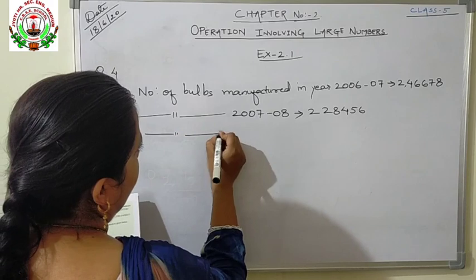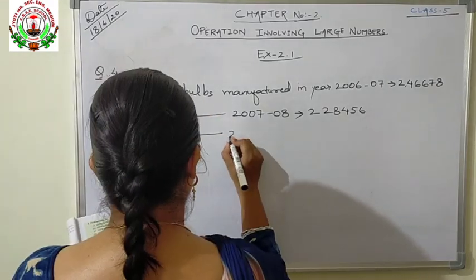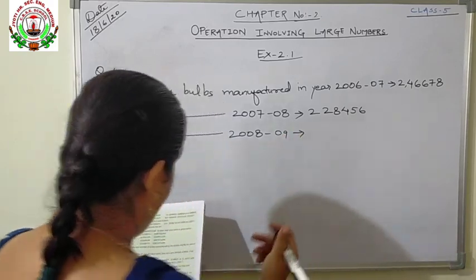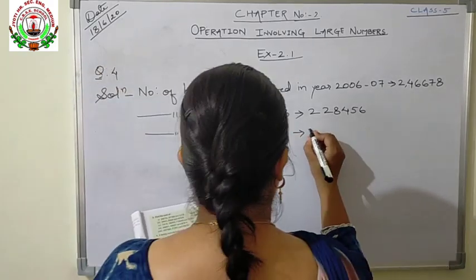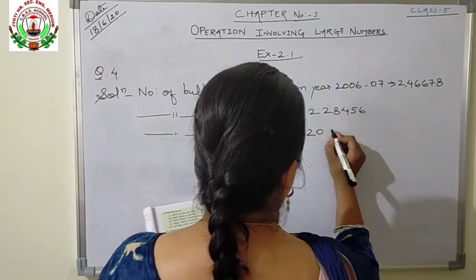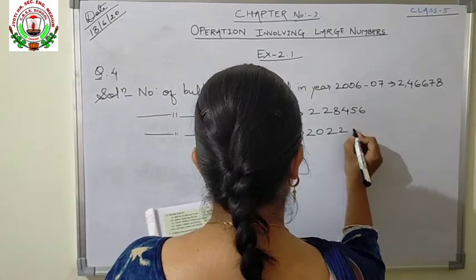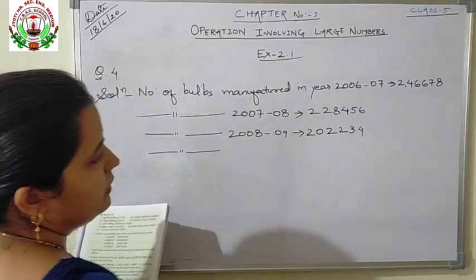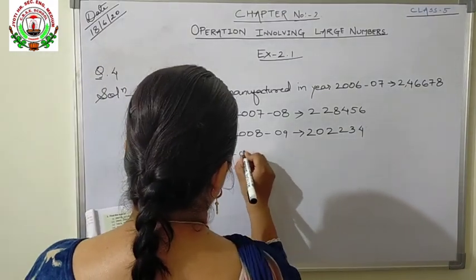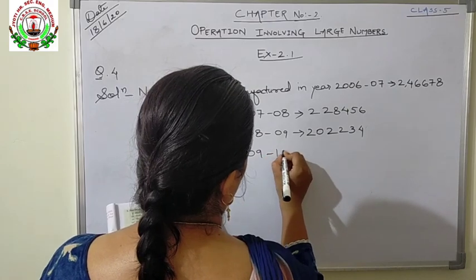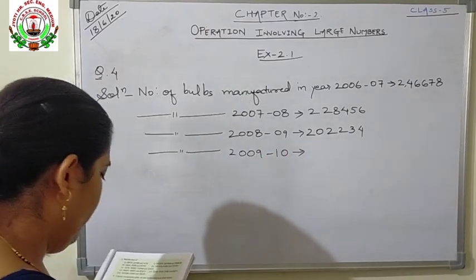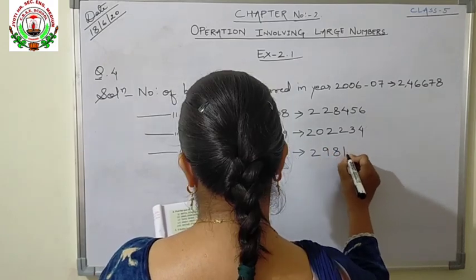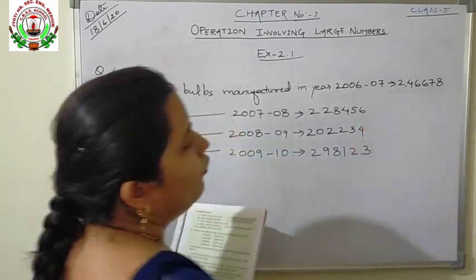Next also the statement will be the same, but the year will change. 2008 to 2009, how many bulbs are manufactured? 2,02,234 bulbs. Next also the statement will be the same, the year will change. 2009 to 2010, how many bulbs are there? 2,98,123.